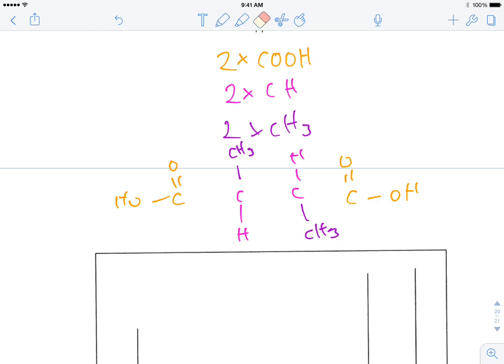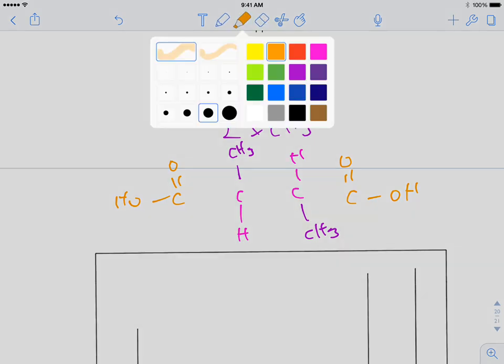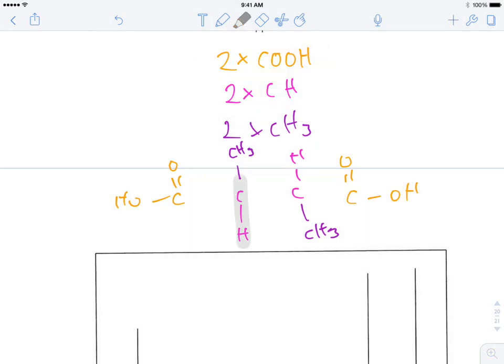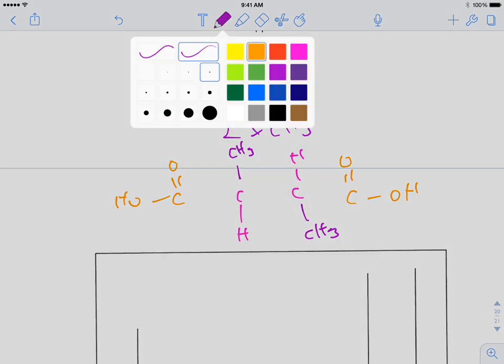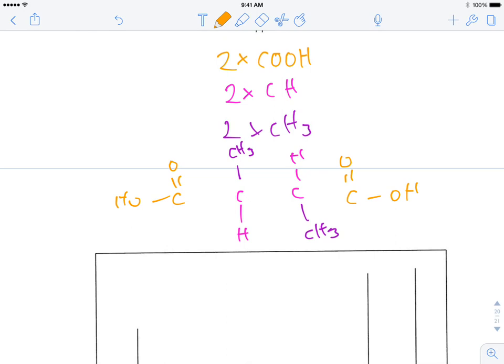We've determined that the CH and the CH3s are connected. So how do they connect to the carboxylic acid? Well, the only way for them to connect is through connections on like that, because you aren't going to make any connection on this C or this C because they have all their connections used, and the only available connections are on the CH, the pink CHs.